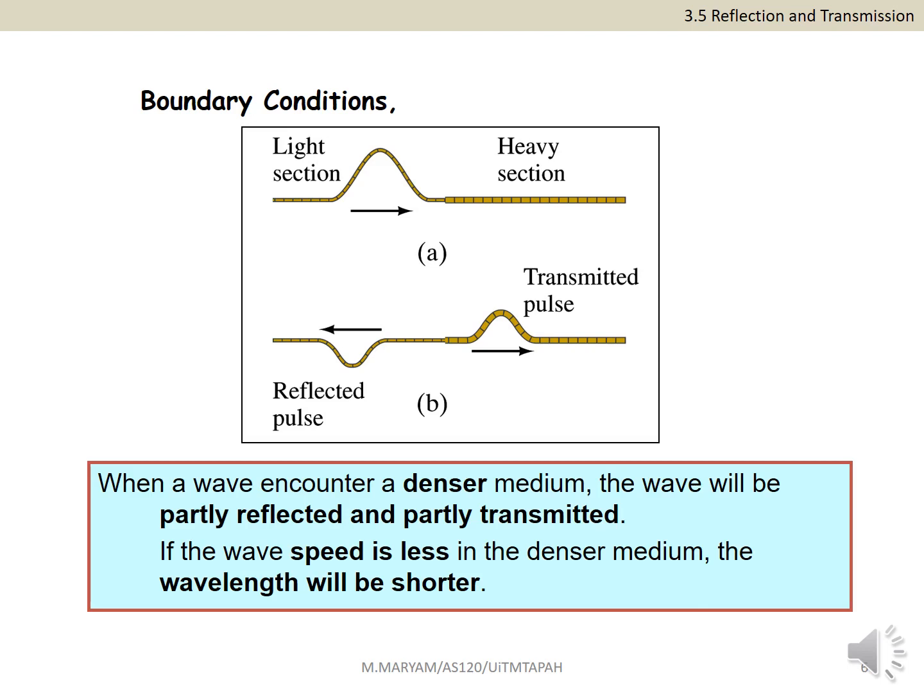The wave will be partly reflected and partly transmitted, the same as the previous slide. If the wave speed is less in the denser medium, the wavelength will be shorter. Please remember this hint.